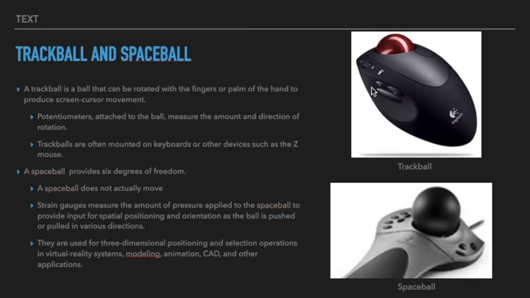Then spaceball. A spaceball provides 6 degrees of freedom. That is, unlike the trackball, a spaceball does not actually move. This is a picture of the spaceball. Here, the strain gauges measure the amount of pressure applied to the spaceball to provide input for spatial positioning and orientation as the ball is pushed or pulled in various directions.